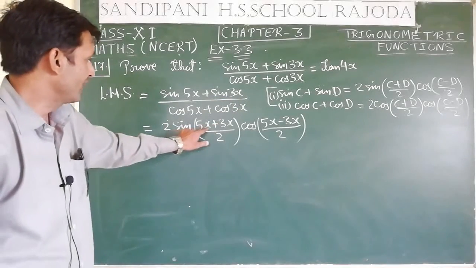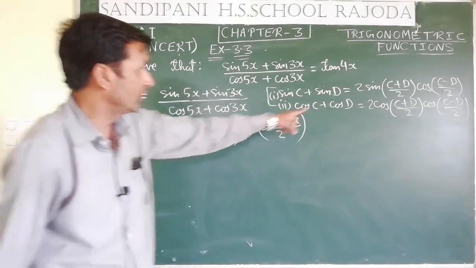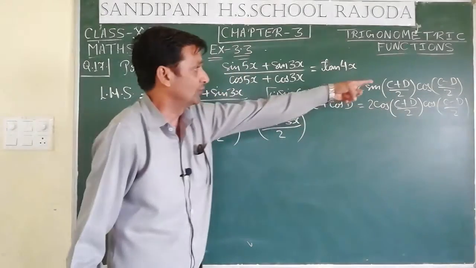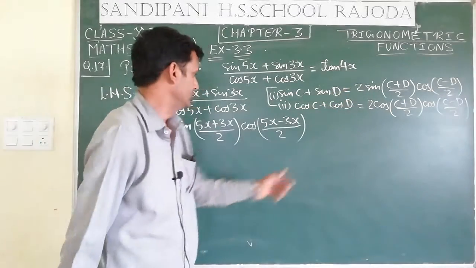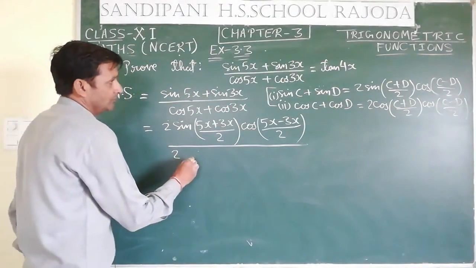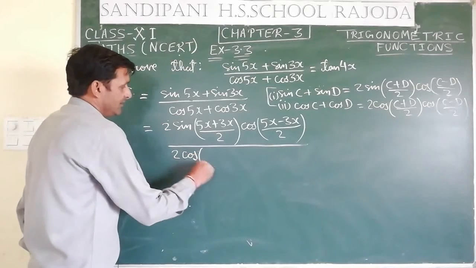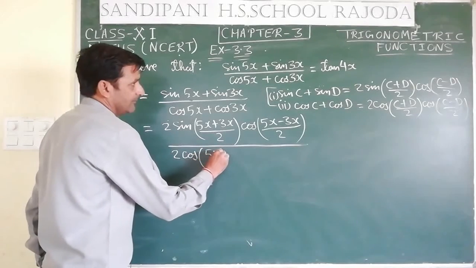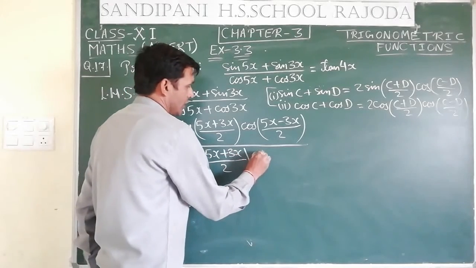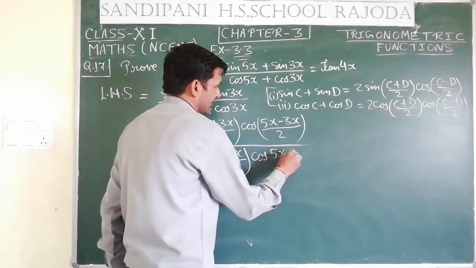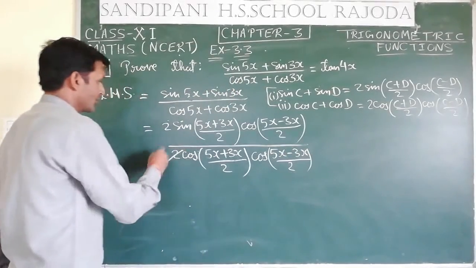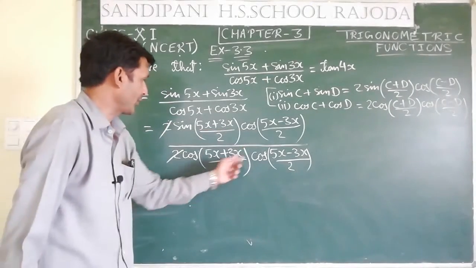So 2 sin 5x plus 3x upon 2 according to this formula, cos 5x minus 3x upon 2, that is cos part, upon 2 cos 5x plus 3x upon 2 cos 5x minus 3x upon 2. So this 2 is cancelled because all these terms are in product.